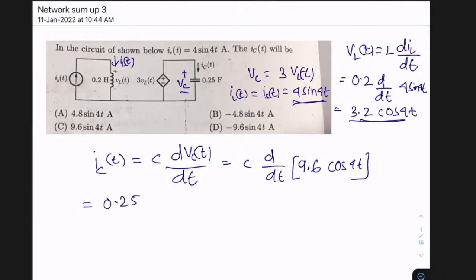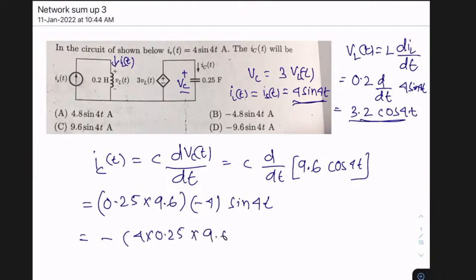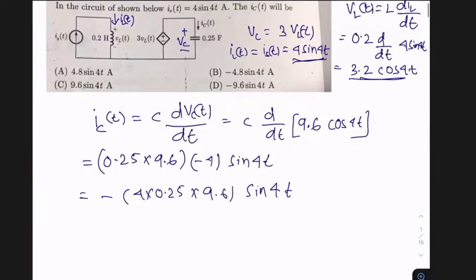So 0.25 into 9.6, and the differentiation of cos 4t is minus 4 sin 4t. So this is minus 4 into 0.25 into 9.6 into sin 4t. 4 into 0.25 is 1, and overall the answer is minus 9.6 sin 4t, which is given in option D.